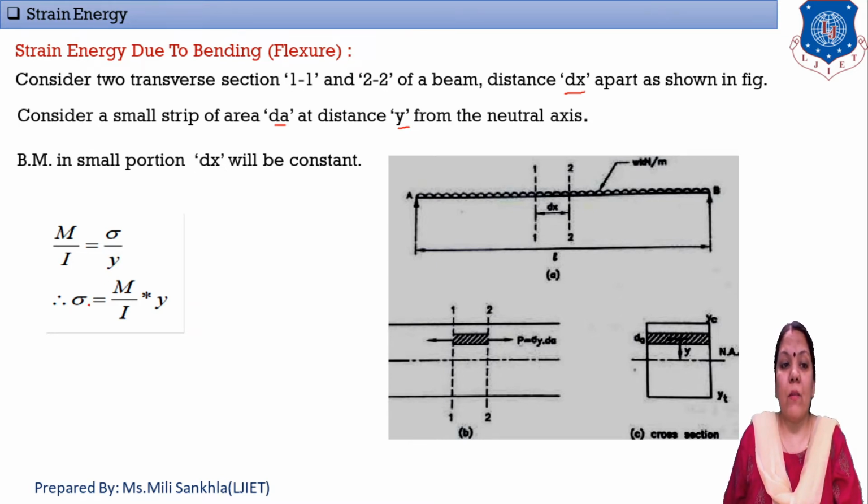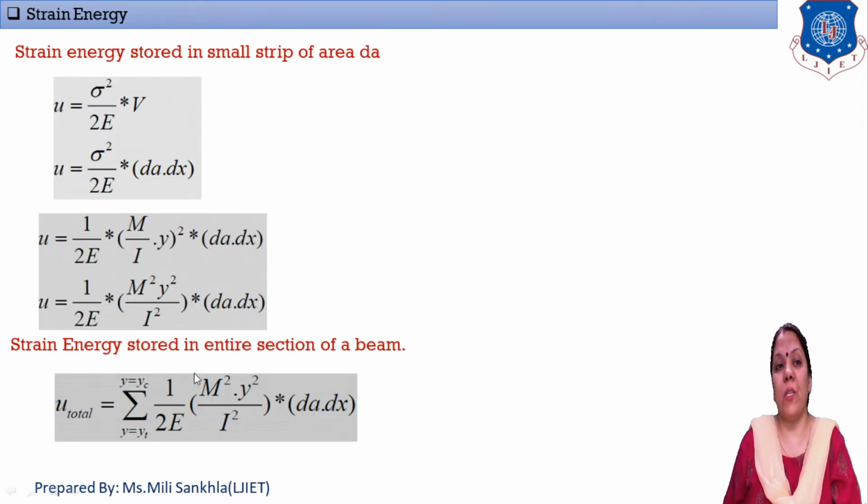Here I make sigma the subject, so sigma is equal to M into y divided by I. Sigma is stress, M is bending moment, y is the maximum distance from the centroid, and I is the moment of inertia. So sigma is equal to M by I into y. Clear? Here I take this relation to prove this derivation.